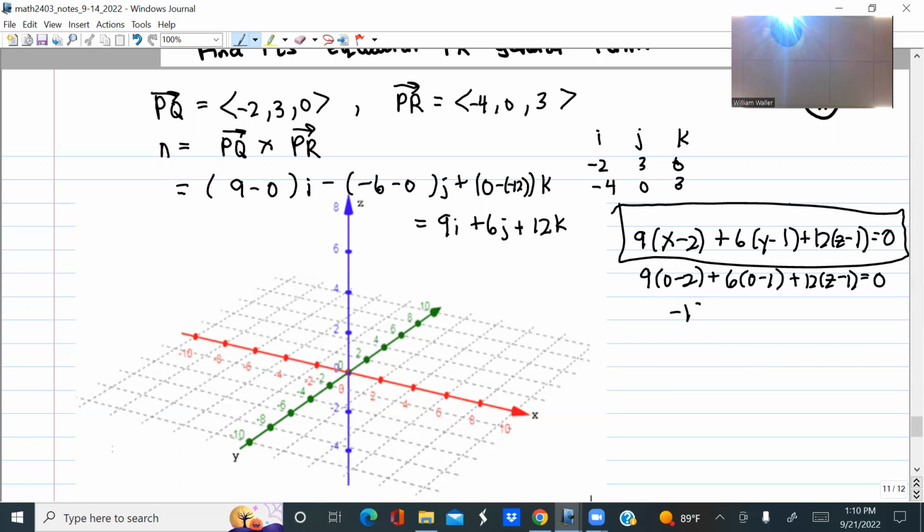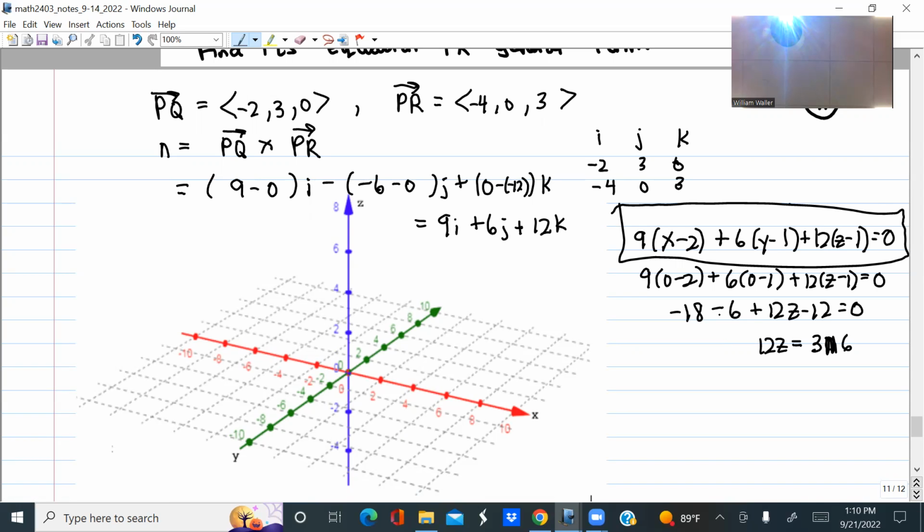So this is minus 18 minus 6 plus 12Z minus 12 equals 0. Oh, maybe that's not so bad. So I get 12Z is equal to, is it 30? Oh, positive 36.